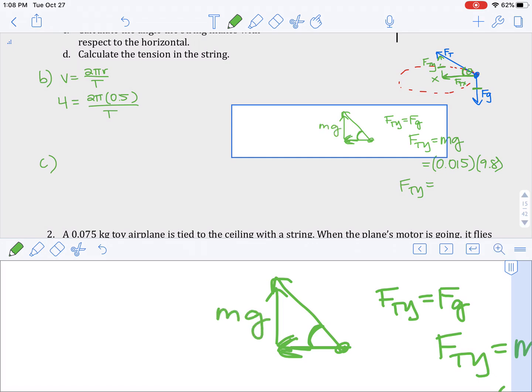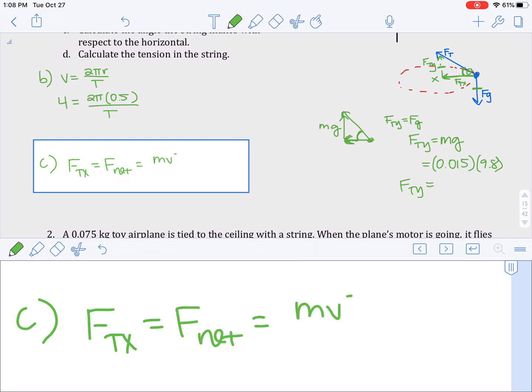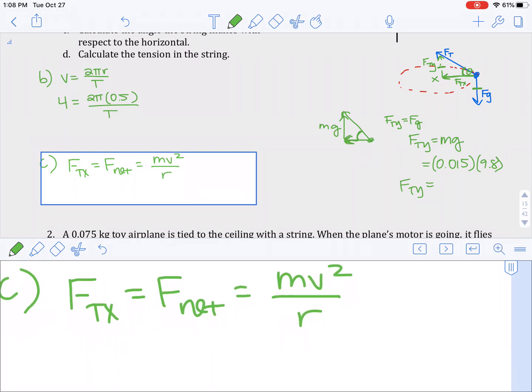I know that side, but I need another side. Can I calculate FT? Can I calculate FTX? Oh, I can calculate FTX because FTX is my F net equation. I know my velocity. I know my mass.